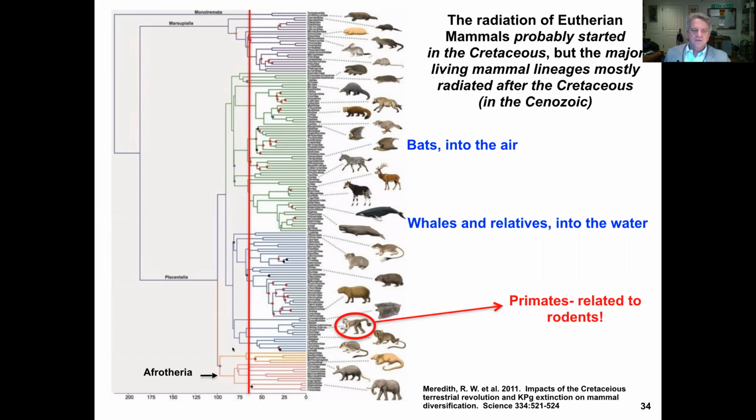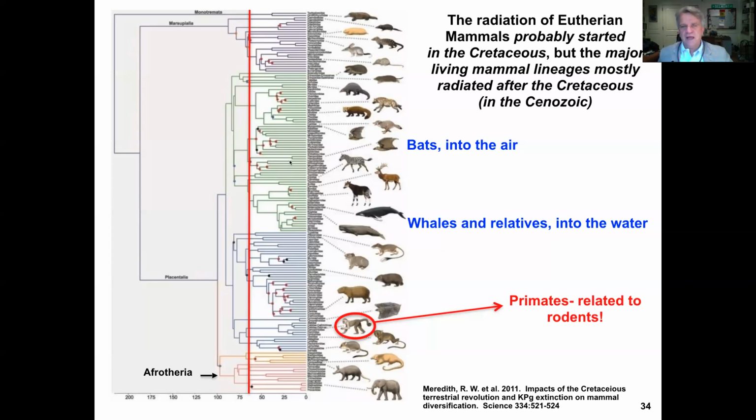But while it seems that the major groups of placental mammals began diversifying in the Cretaceous, much of the diversification events that involve the families and genera that comprise modern living placental mammal diversity clearly happened after the Cretaceous, into the Cenozoic.